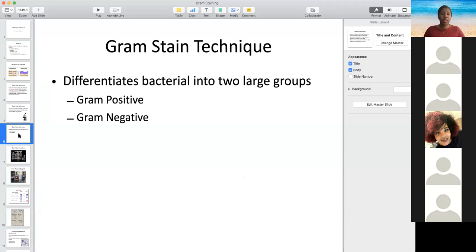The gram stain technique is used to differentiate bacteria into two large groups, gram positive or gram negative. That's what we get from this technique. We can categorize bacteria into two large groups.